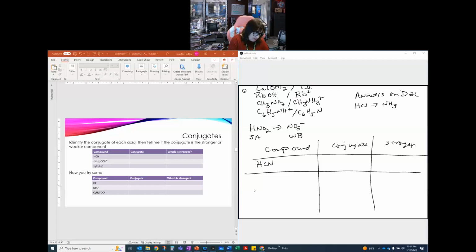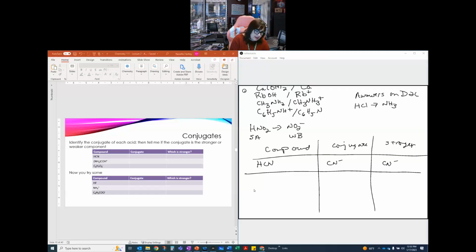I can donate that H to become a CN minus. And the question becomes, is HCN a good acid or a bad acid? Well, it's not listed in my list of strong acids, so it's a weak acid. Its conjugate base, therefore, is a better base than it is an acid. So my CN minus is the one that has the stronger ability.